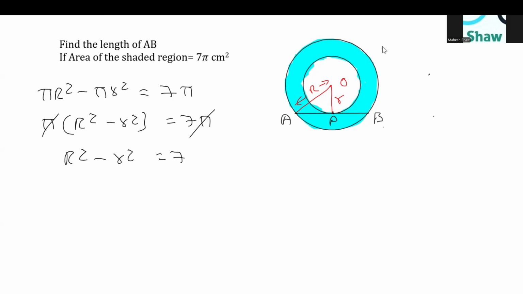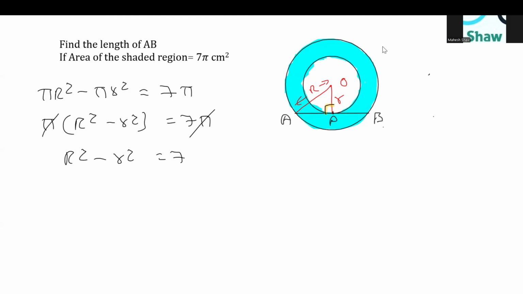Now check, we have to get the length of AB. So what we know is that the radius is perpendicular to the tangent at the point of contact. So this angle is going to be 90 degrees, right? This is 90 degrees. AB is the tangent to the circle for the inner radius, right? So with respect to the inner circle, the radius is perpendicular to the tangent at the point of contact.